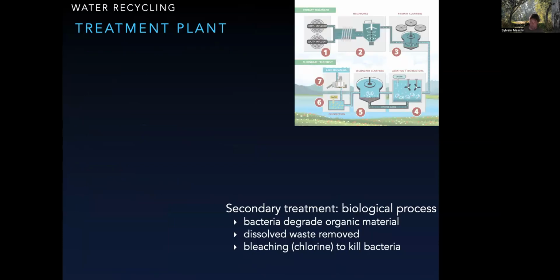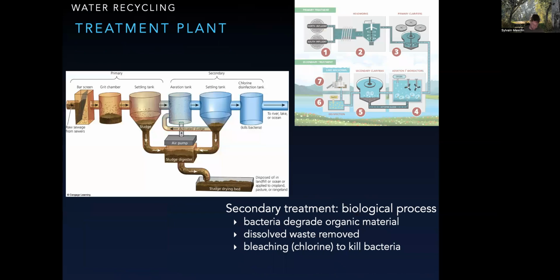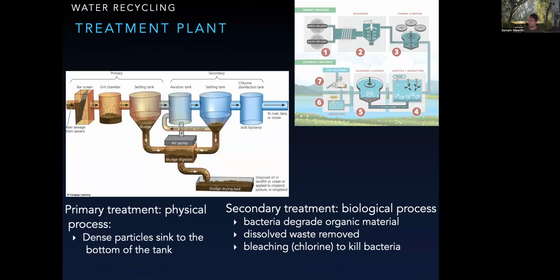So water treatment, let me show you everything. When the water is dirty, for example, from the black water we saw previously, it will be sent to a water treatment plant, where it will go through a primary filtration.